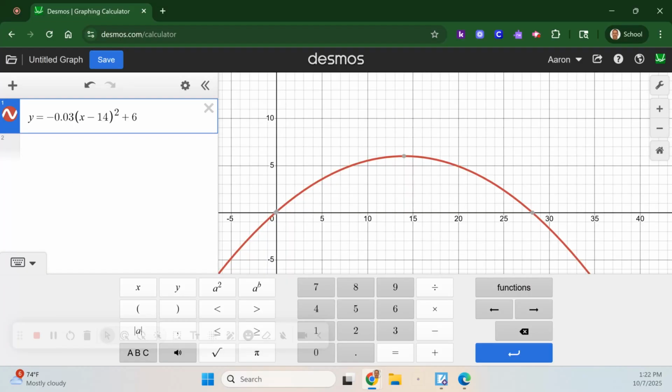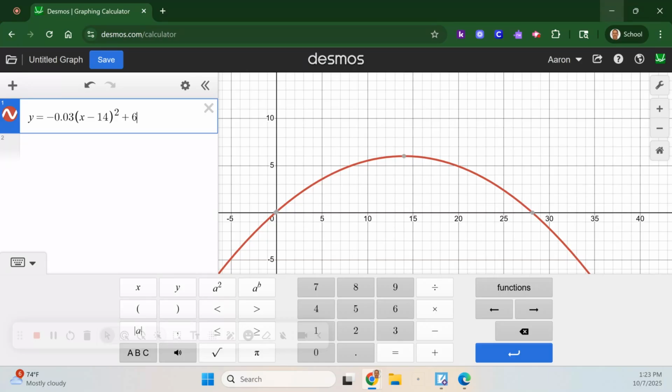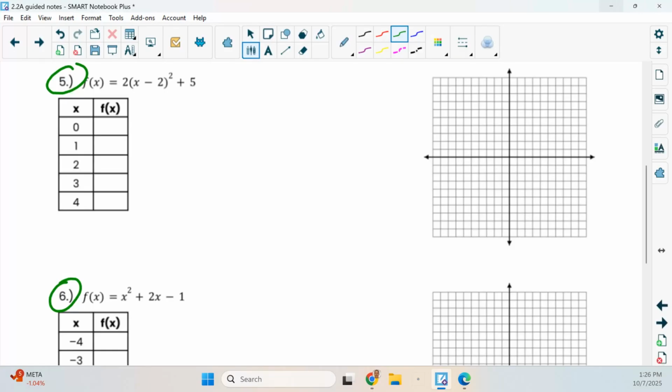The last two, 5 and 6. Okay. Question 1. You have to identify what form this is. For number 5, what form is that? Vertex.